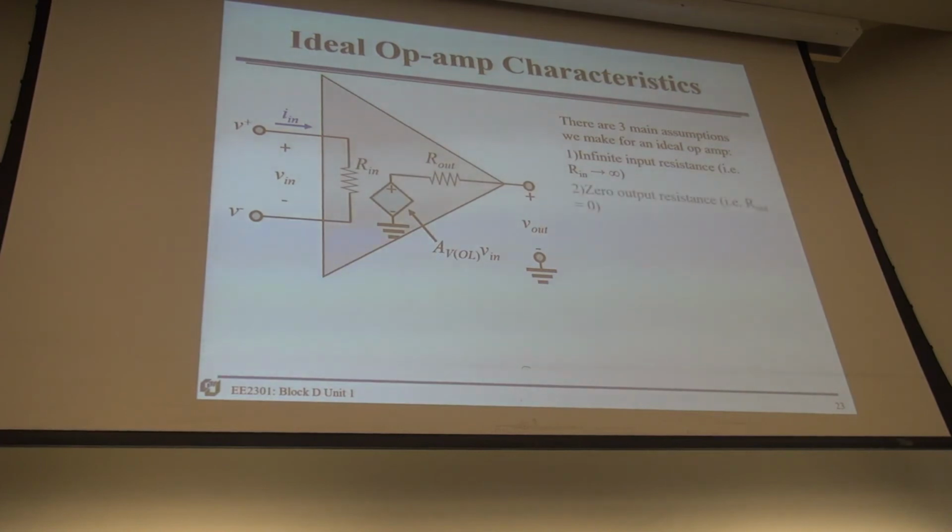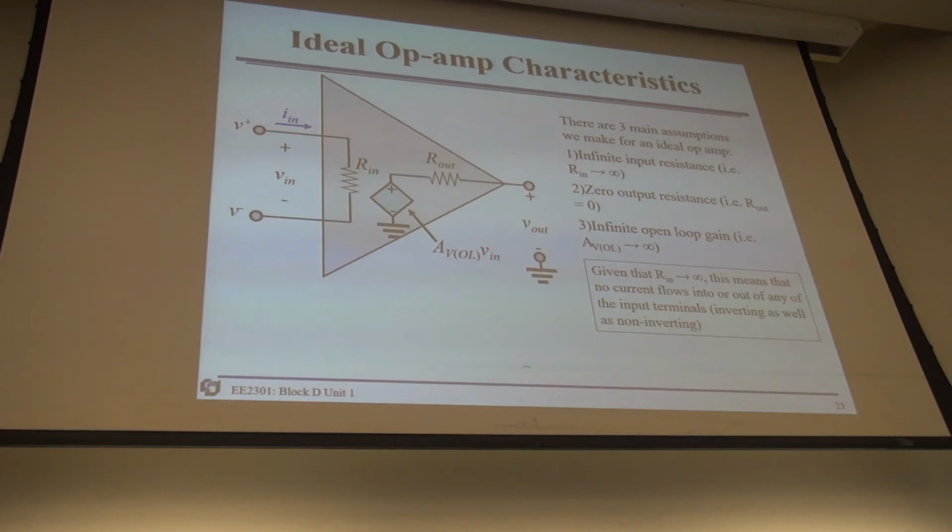The second is that output R out is almost zero. And the third is that A_V OL is very, very big. 10 to the power of 6 is already big, right? So three assumptions: R in almost infinity, R out almost zero, A_V open loop almost infinity.